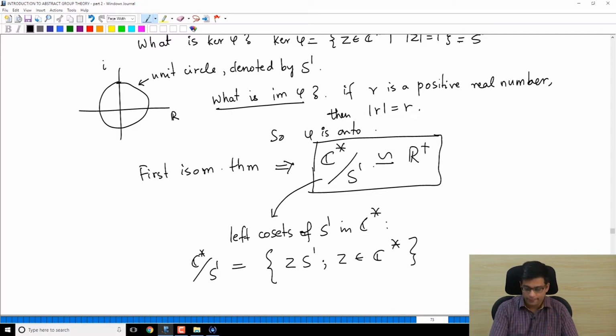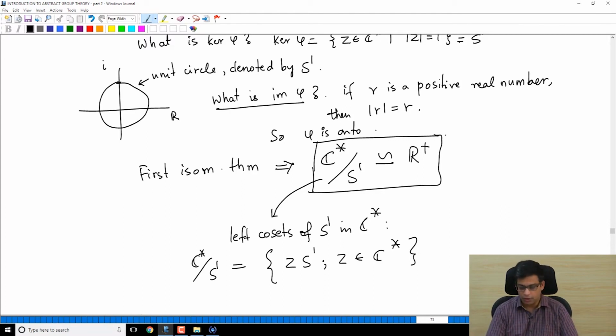So think of the group C star mod S1 as the left cosets of S1, but think of them as circles of varying radii. You have a radius 1 circle, that is S1, a radius 2 circle, a radius 3 circle, a radius 1.3 circle. If you take all such circles, the radius will be a positive real number. So you take all circles of positive radius, the cosets can be represented by those positive reals, and hence we have an isomorphism like this.